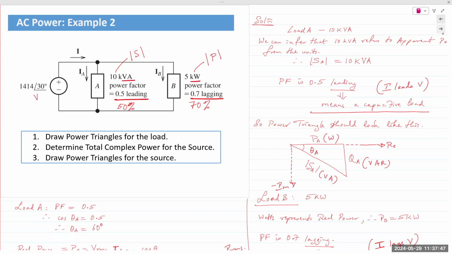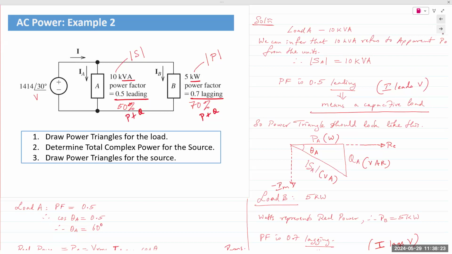So this has P and it has Q. This also has P and it also has Q. So both loads have an angle, which means they have real power and reactive power. Does that make sense? That's the first inference.